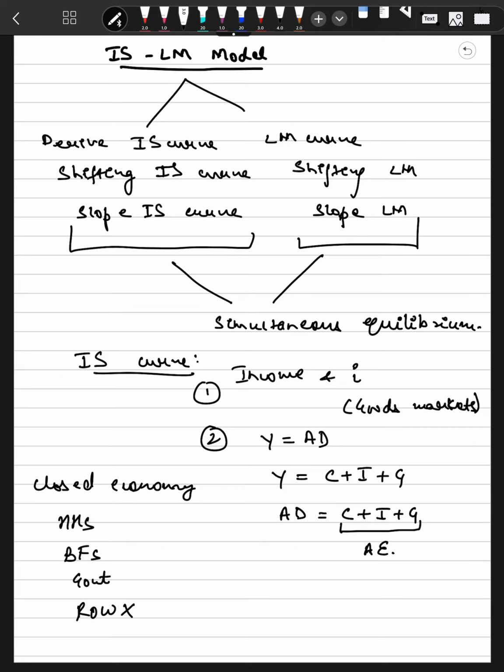Okay, and then we are saying that this consumption is autonomous, this G is autonomous. What about I?